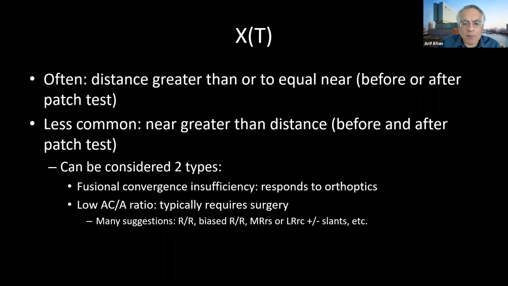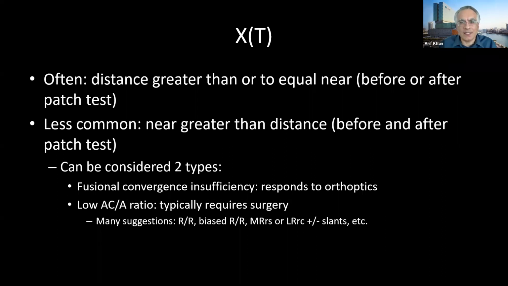When you see so many suggestions like this, you know what it means? It means that none of them work well. It really depends on the fusional ability of the patient. I'm sure that these different strategies can work among a lot of different patients. For me, I don't really believe in this biased recess-resect or slanting.